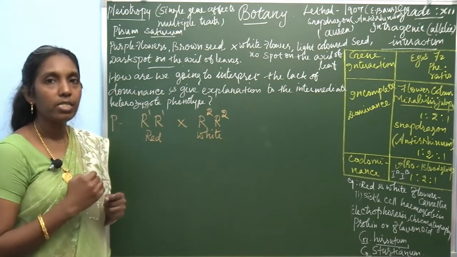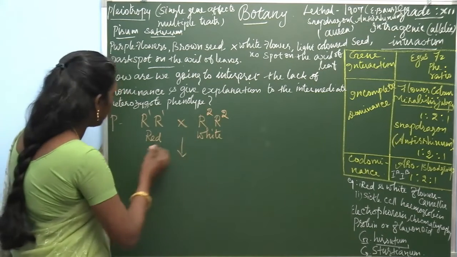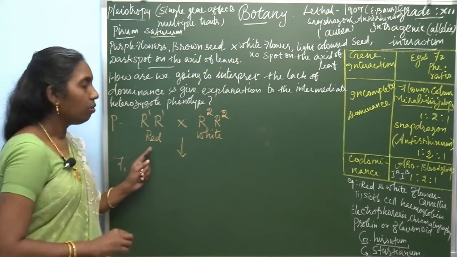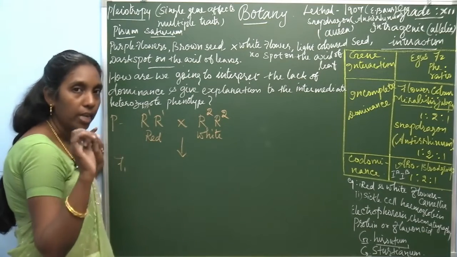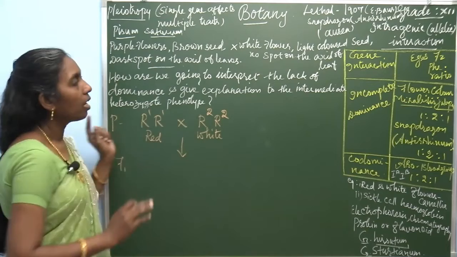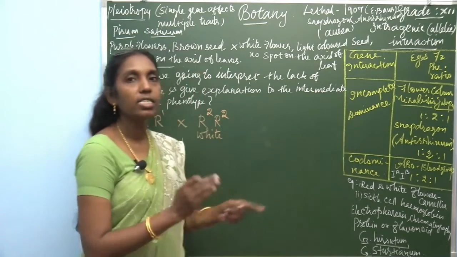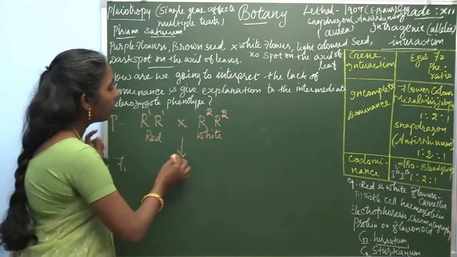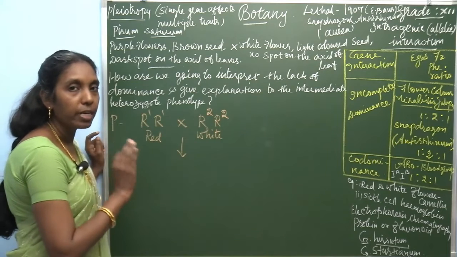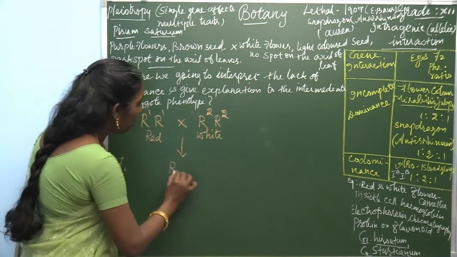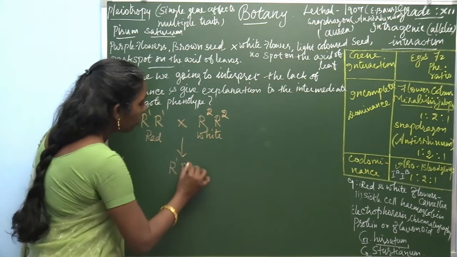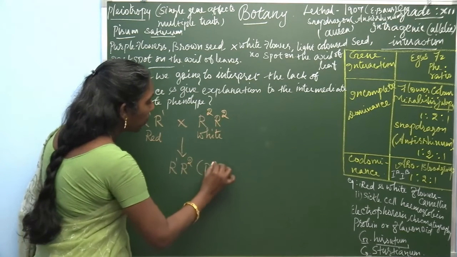In the normal hybridization experiment, in the F1 generation the dominant character has to express, so it should produce red. But in incomplete dominance, instead of red color, it gives an intermediate color. So, this R1R2 shows pink color.